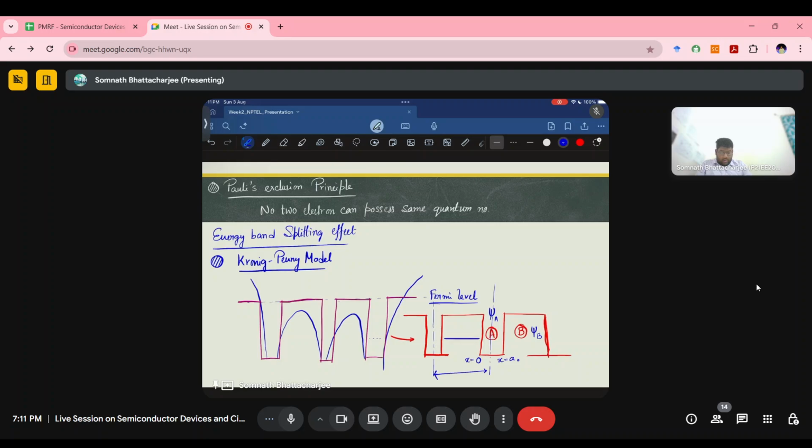If this area is b naught, it should be x equals minus b naught, and this point should be x equals minus a naught minus b naught.